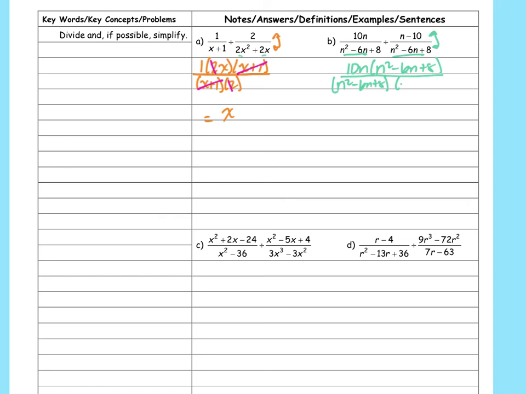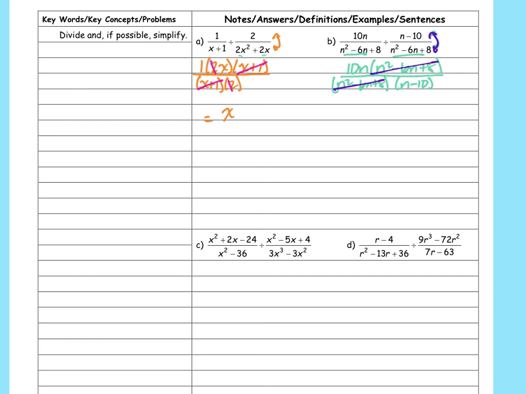And then times n minus 10. So to make a 1, those go away. But if you did factor them, both the factors would go away because no matter if you factor it or if you don't factor it, it's still going to make a 1. So I just didn't factor it because I realized that once I flipped this fraction, one was going to be on the top and one was going to be on the bottom.